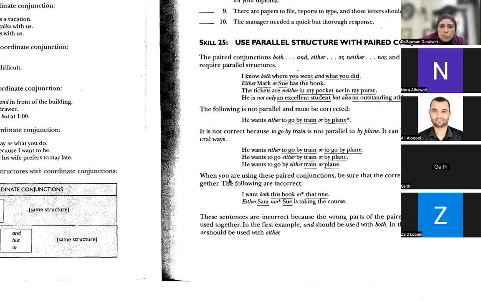All right, let's move on to this one. When you are using these paired conjunctions لما تستخدم هاي أدوات الربط اللي فيها pairs يعني أزواج من الأفكار أو من التراكيب مشابهة, be sure that the correct parts are used together. بدنا نتأكد إنه the correct parts يعني الأجزاء الصحيحة مستخدمة بشكل سليم.